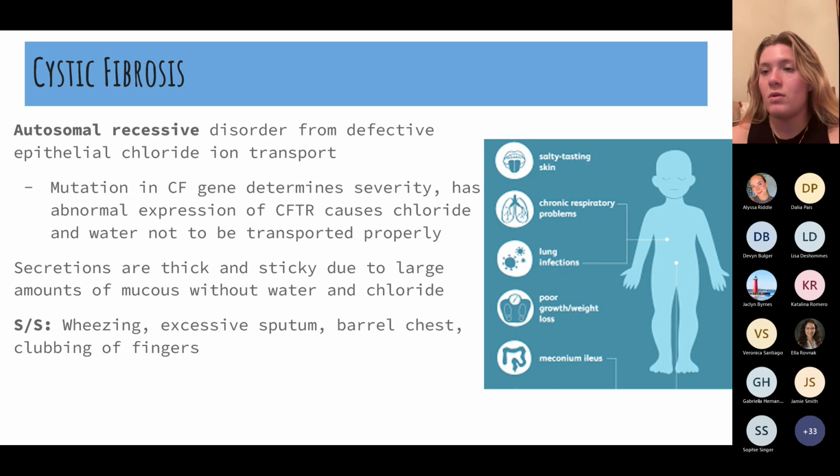So these kids will usually require extensive chest physiotherapy. They're also going to have poor growth. Their skin will also taste salty, just because they simply can't seem to get rid of this chloride ion issue. But really, it's a main respiratory concern, and you'll see a lot of issues with these kids, and they won't develop normally.